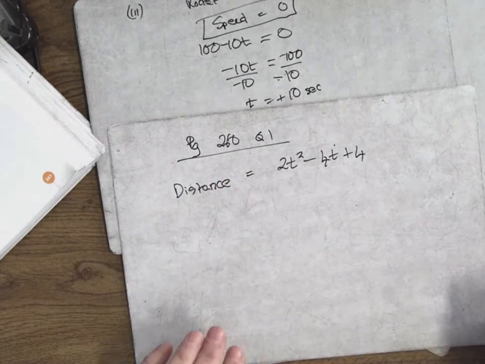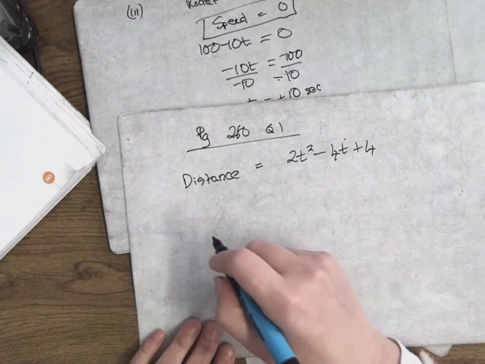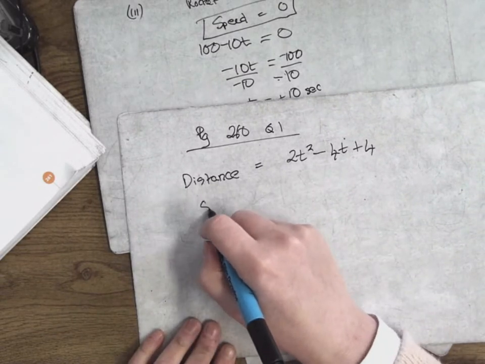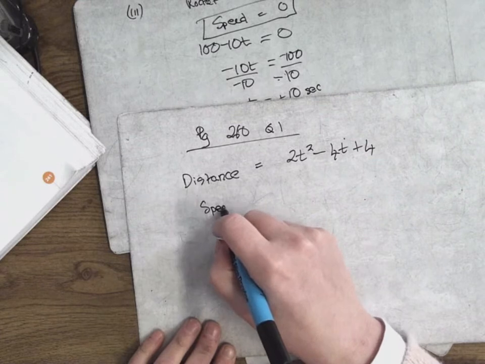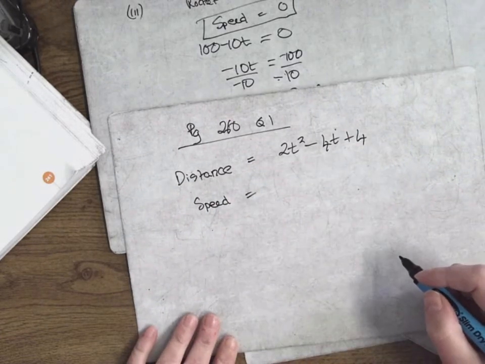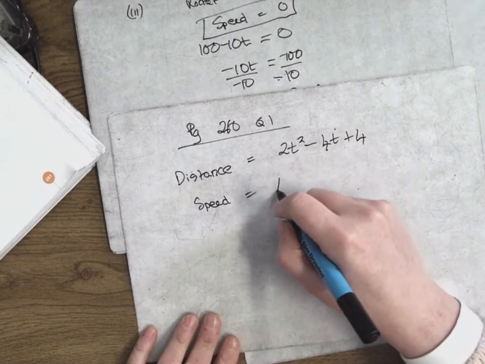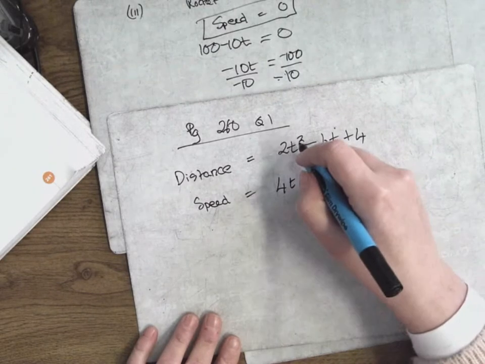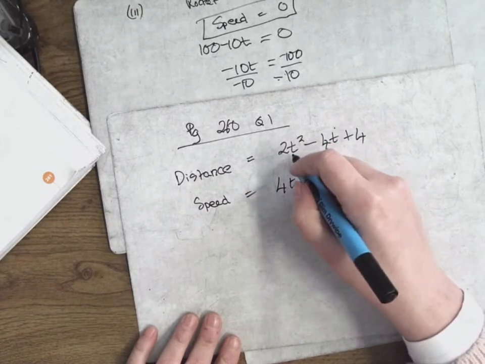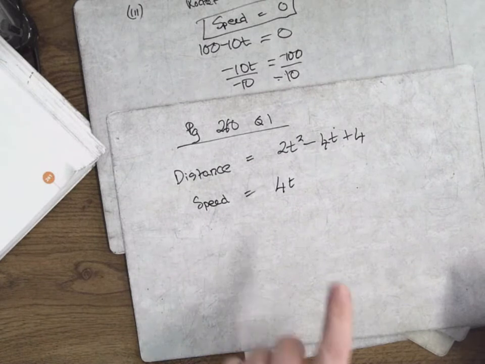Before I even read the question, what am I going to write next? When you differentiate distance, what do you get? Speed. So differentiate here, what will I get? 4t. So bring the power down in front, 2 by 2 is 4. Reduce the power by 1, so t to the power 2 is now t to the power 1, which is just t.